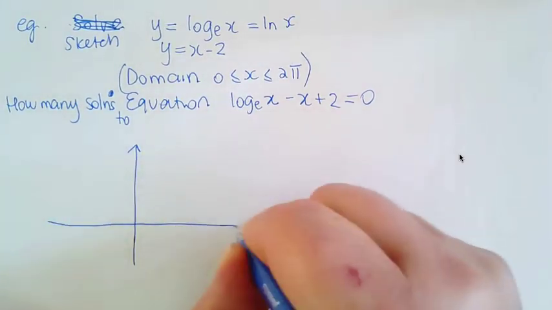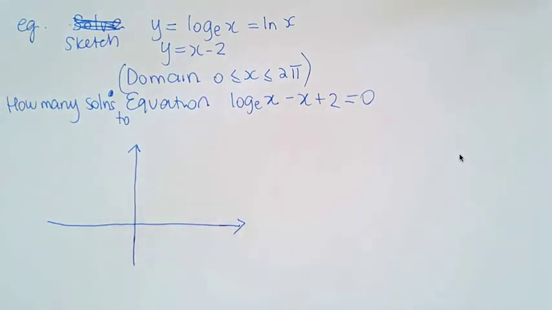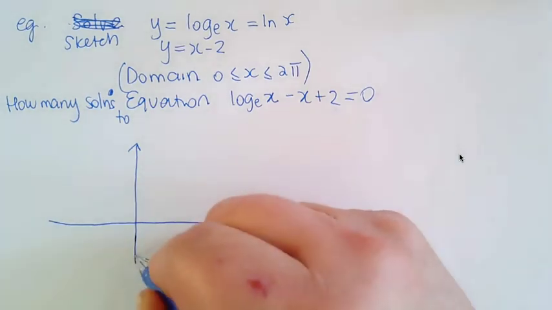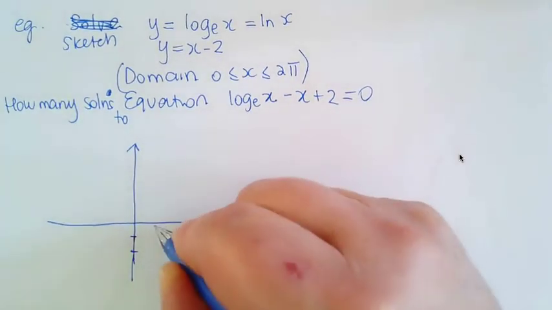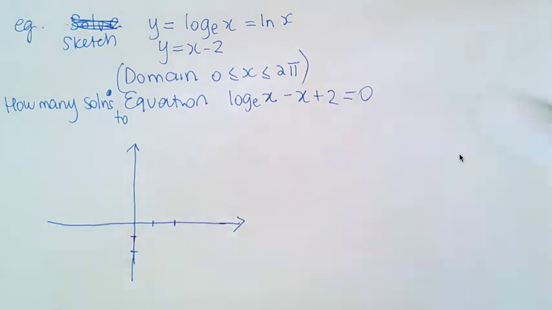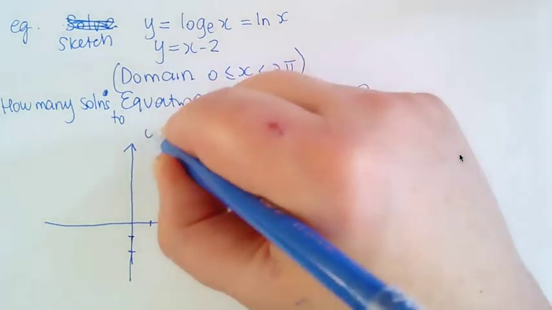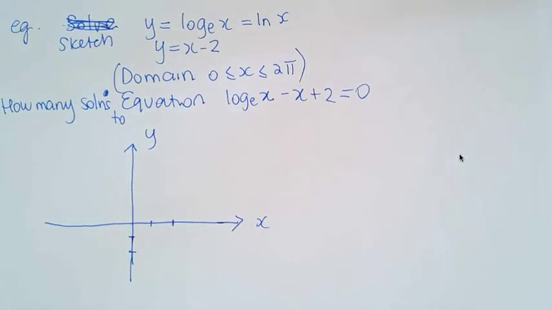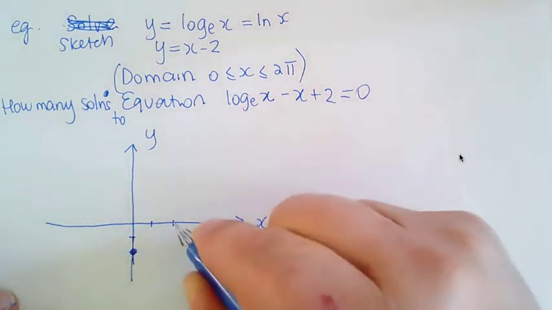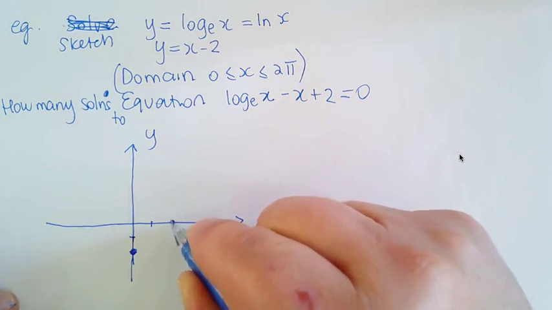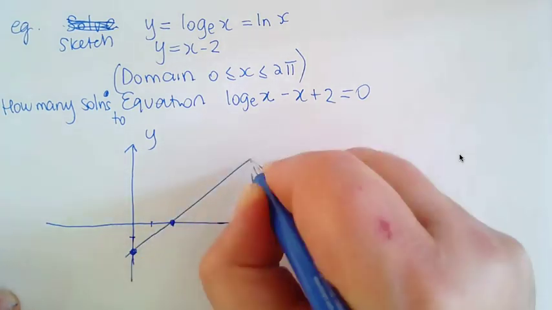Do you remember what your log curve looks like? Y equals x minus 2 is a nice straight line. Where does it cut the x and y axes? What's the y-intercept? Negative 2, and when x is 2. Yep, so there's your straight line.